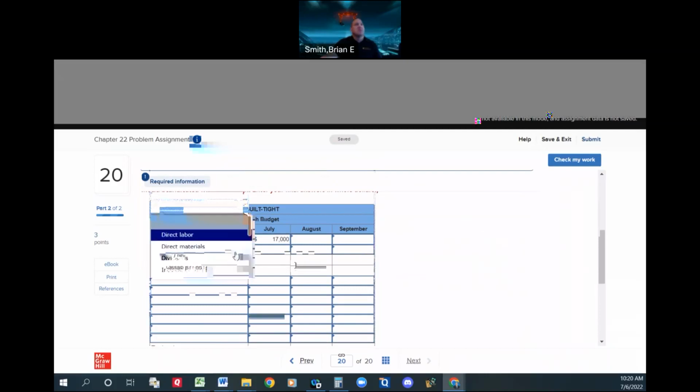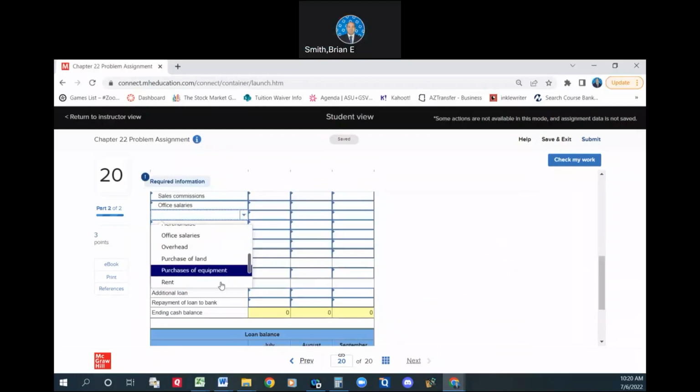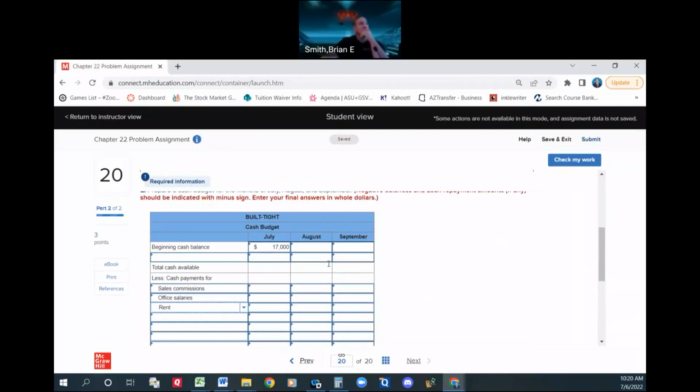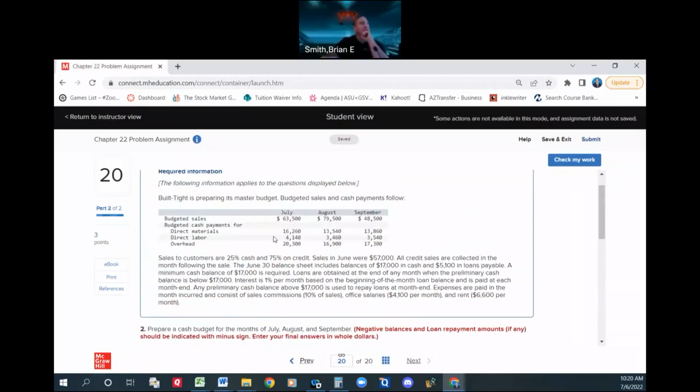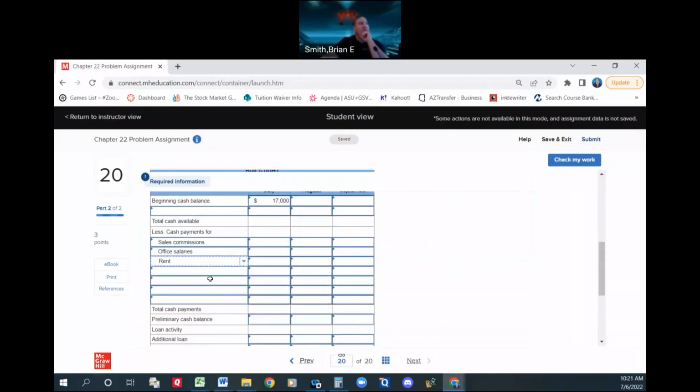Rent. Now, oh, and here's, I'm sorry. Okay. Here's this information. I was like, wait a minute, I don't have this other stuff. And what we should do is start with direct materials. Let's go ahead and redo this.